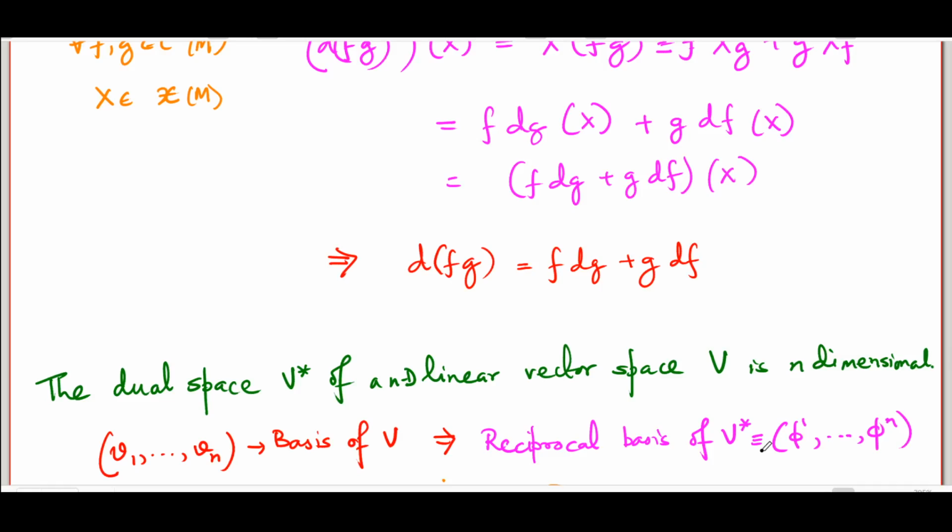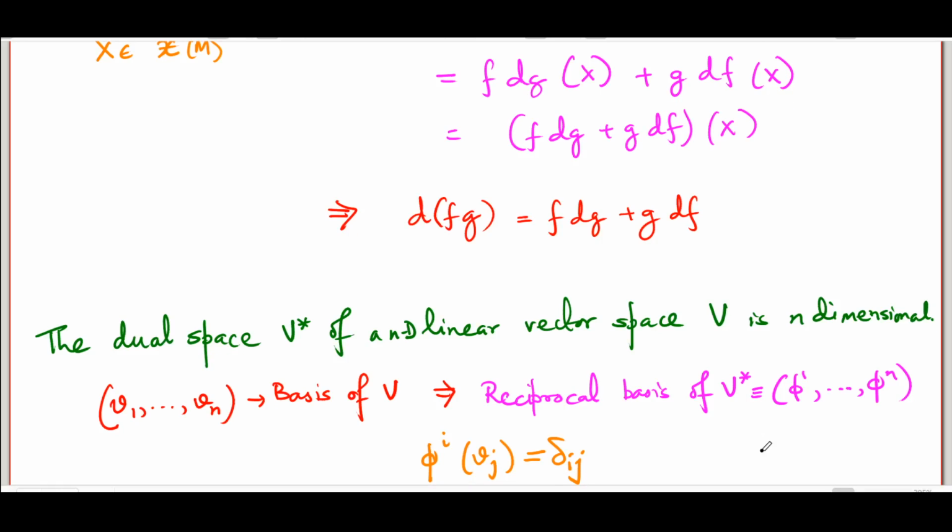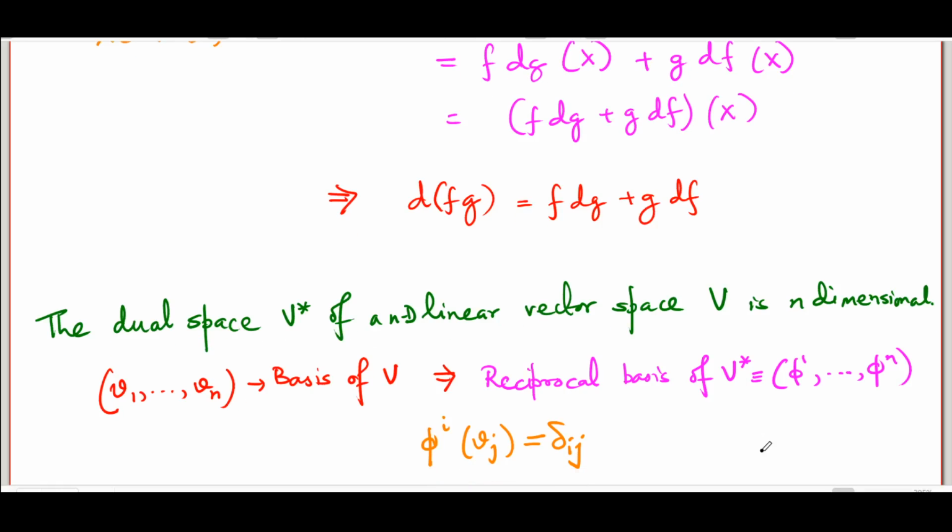Anyway, what we have is a set of n covectors, n elements taken from V star, phi 1 up to phi n, where we define the phi i's by demanding that phi i acts on vj to give you delta ij. That is, it gives you 1 when j is equal to i and 0 whenever j is not equal to i.